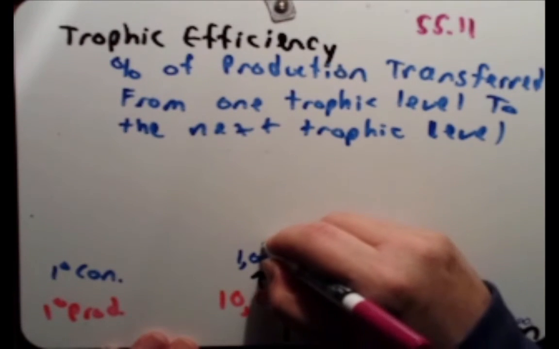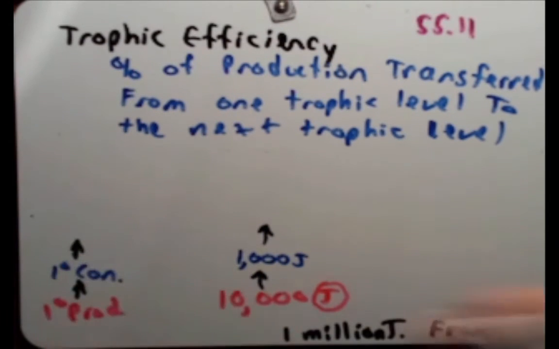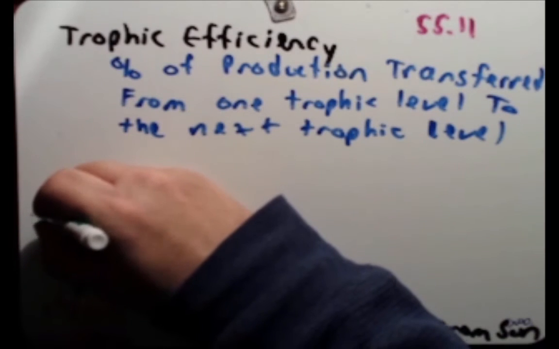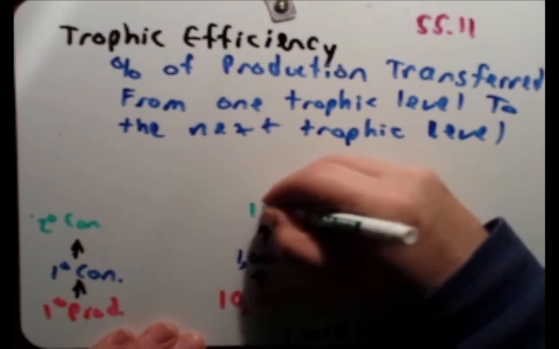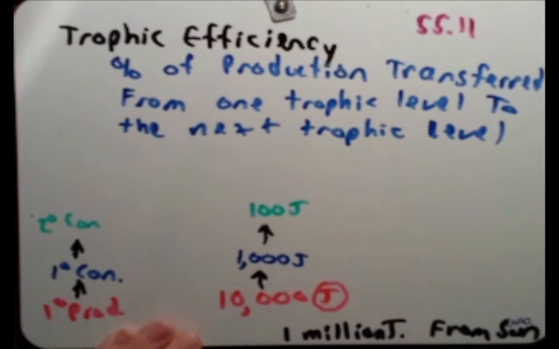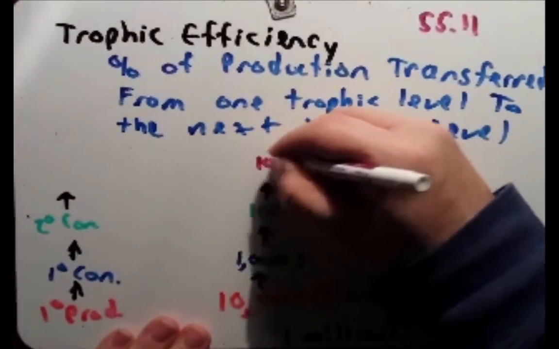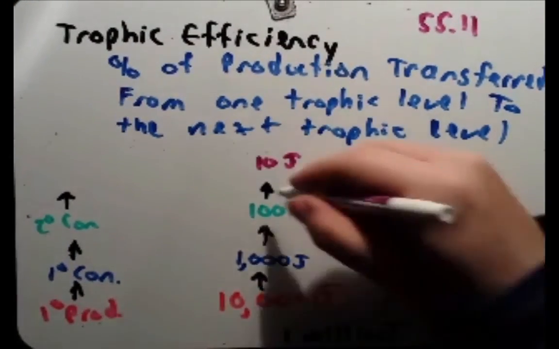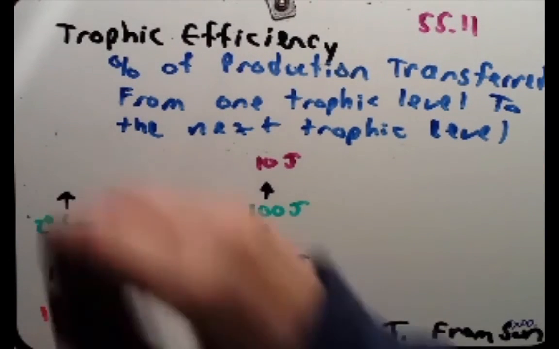Then as we move up to our secondary consumers, there's only about 100 joules available for this secondary consumer to use towards biomass. Then as we move to our tertiary consumers, they only get about 10 joules from consuming this 100 joules of energy. There's only about 10 joules that they can use towards biomass.